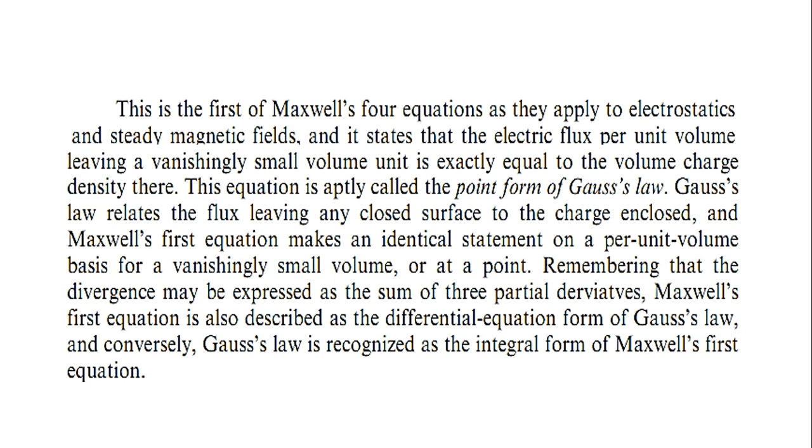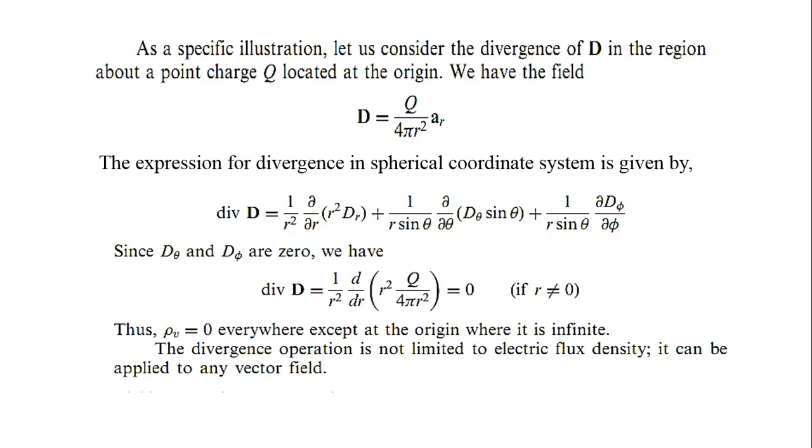So it will have the electric field intensity and the electric flux density in its region. So let's suppose we have a point charge that is located at the origin of a spherical coordinate system.